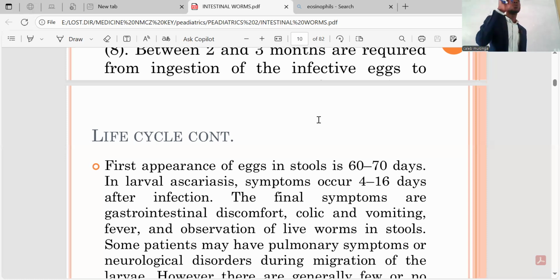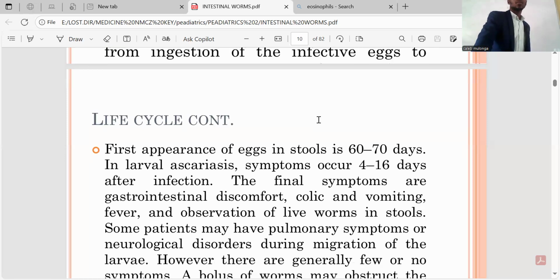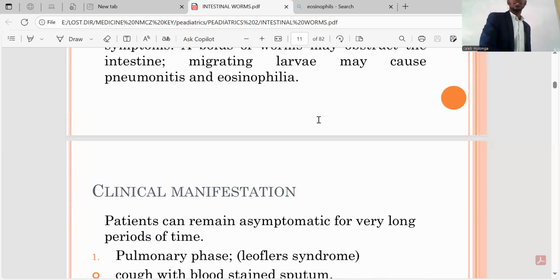Why both? It is because the larva first travels to the lungs and causes respiratory signs and symptoms. When it goes into the small intestines, it causes digestive signs and symptoms. So that is basically the life cycle.